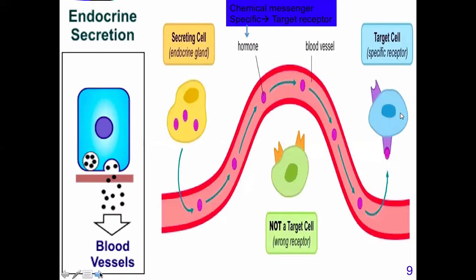In the endocrine gland, I have mentioned that the secretions or the products or the hormones are released into the blood vessels. It's not as easy as that. They don't just put their hormones in the blood and it's done. There are what we call specific receptors, messengers and receptors. For example, this is the secreting cell or the endocrine gland.